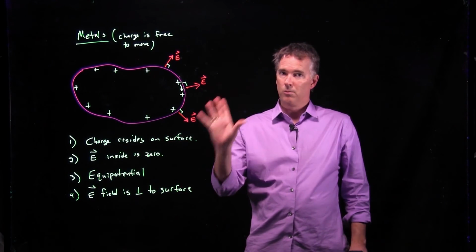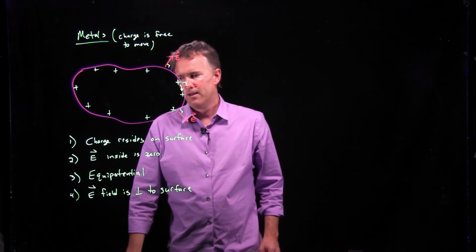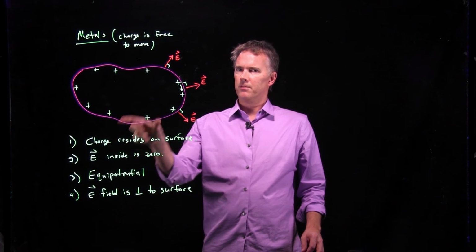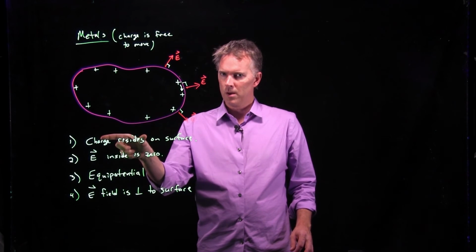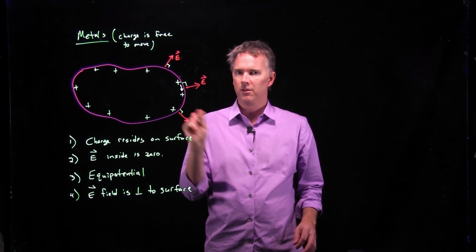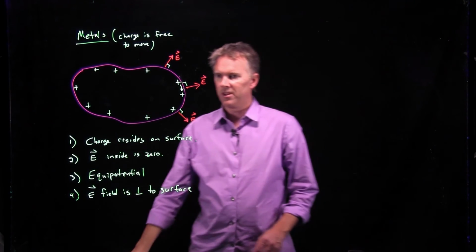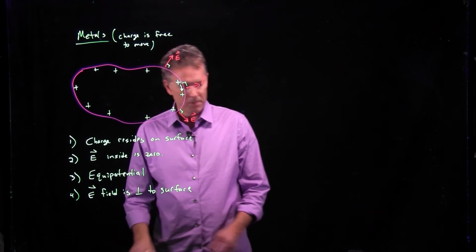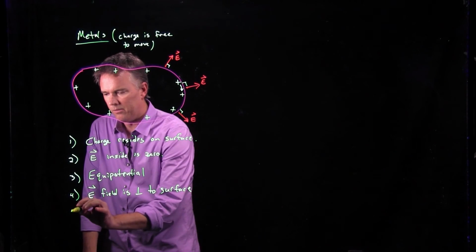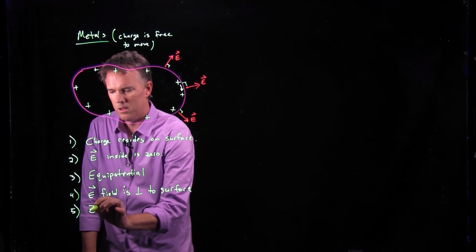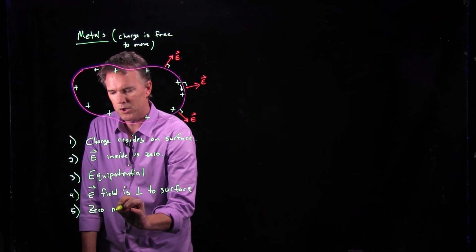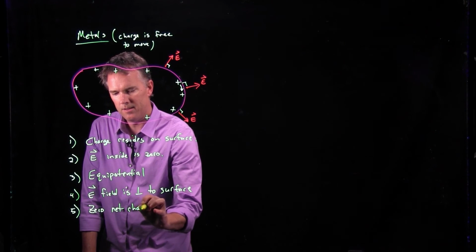All right, there's one more that we can get, which is sort of obvious from number 1, which says the charge resides on the surface. If the charge resides on the surface, that means that there is 0 net charge inside.